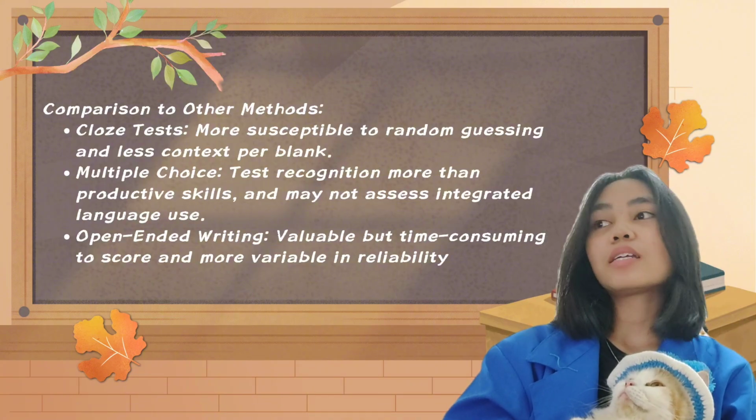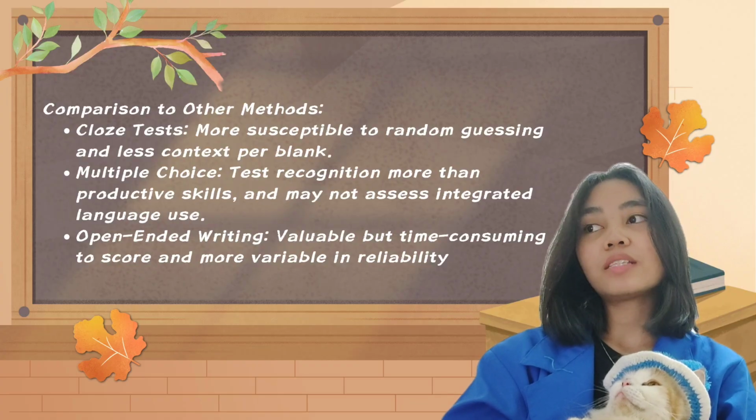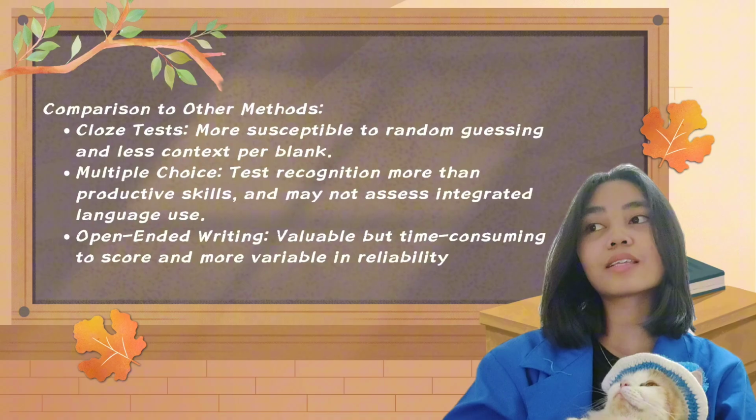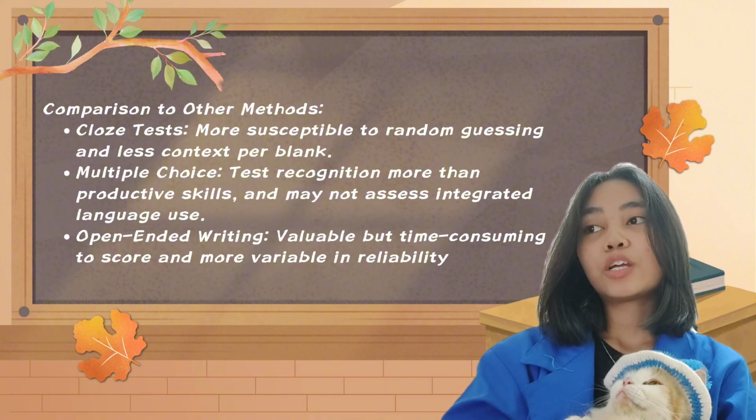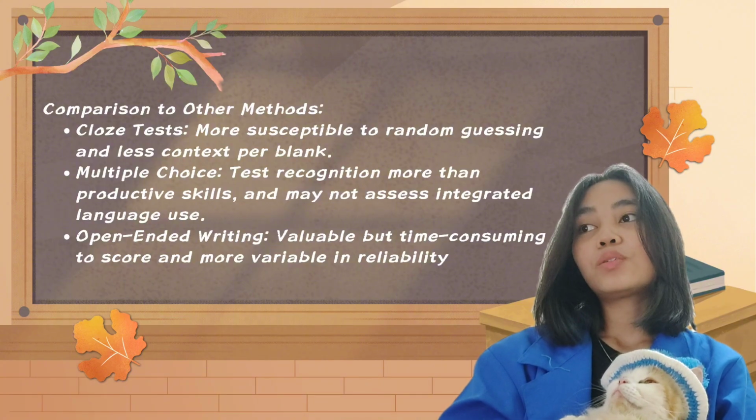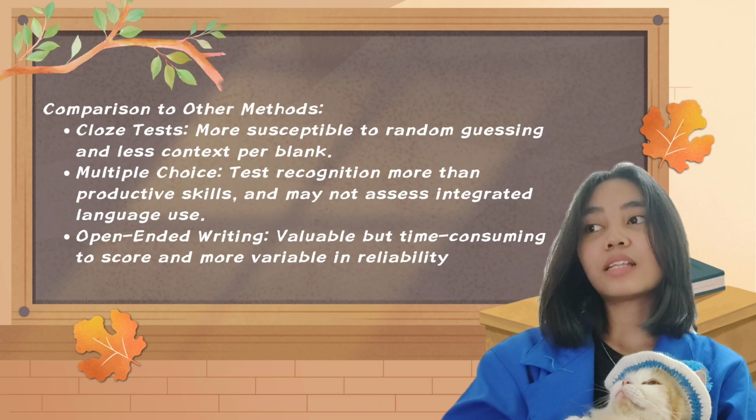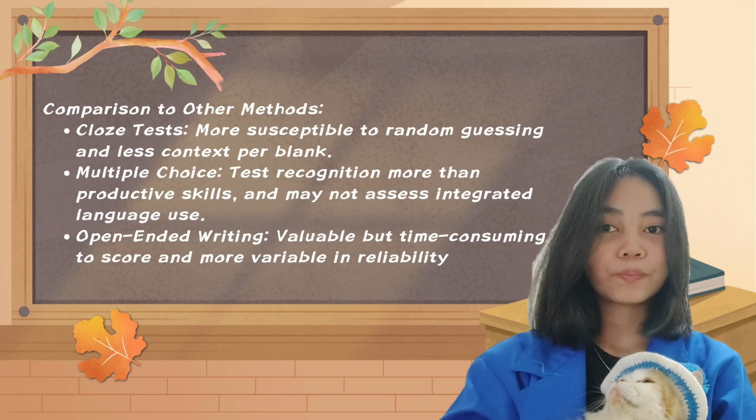So, in summary, using the C-test provides a balanced, efficient, and reliable way to assess intermediate students' language proficiency using texts and tasks that reflect their learning level and real-world reading skills.